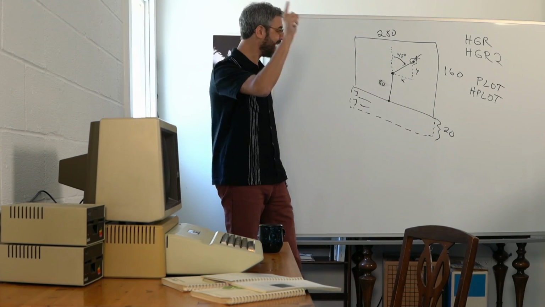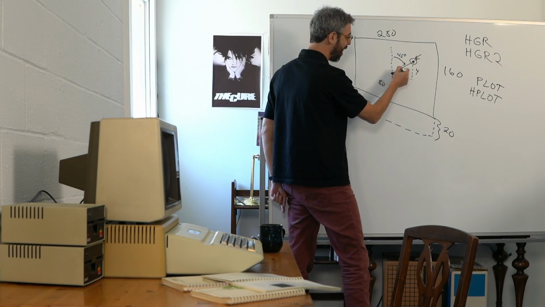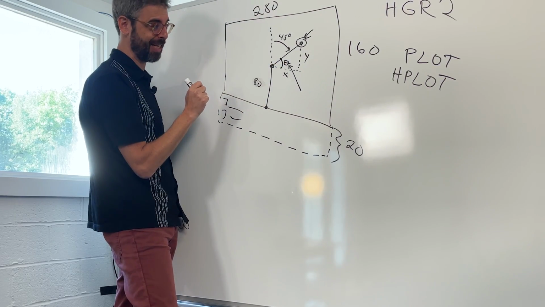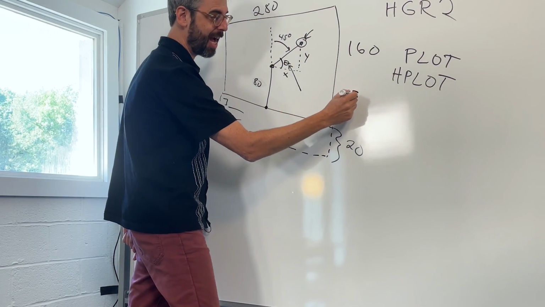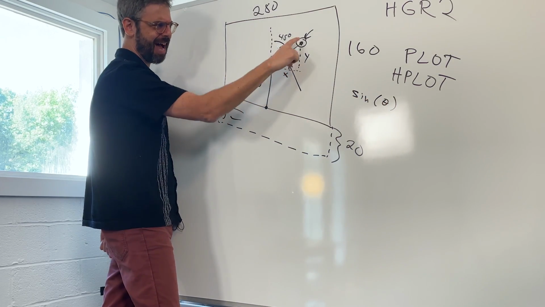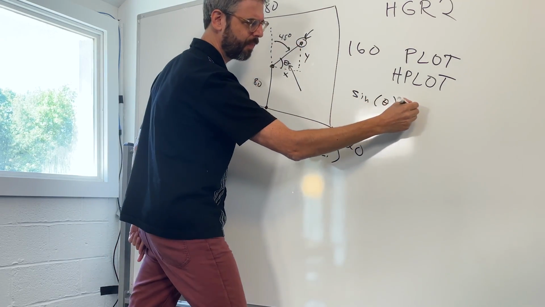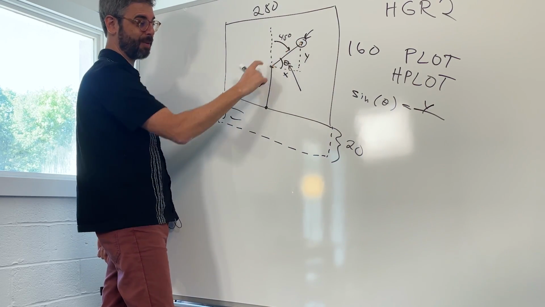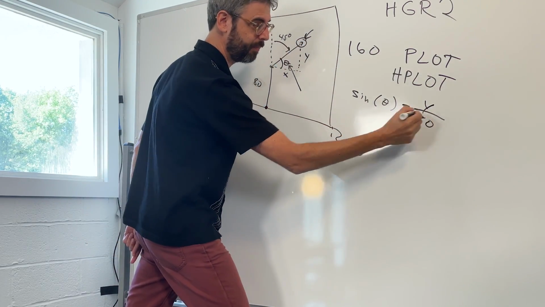But the quick answer here is, if I know this angle, using the Greek letter theta to notate it, sine of that angle is the opposite side, y, divided by the length of this line, which I just said was 80.